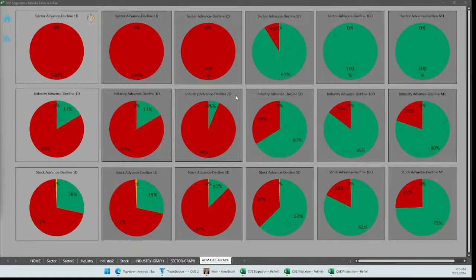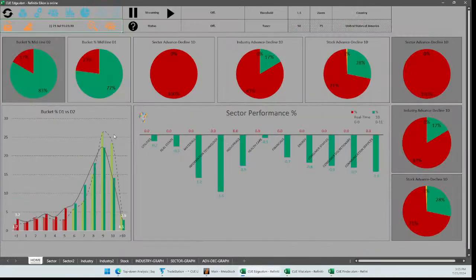So Q edge, sector industry stock breadth does not allow us to short. If anything, it allows us to buy, especially if Monday in real time this leftmost column turns green. What about bucket analysis? And this is something interesting. How high is too high?